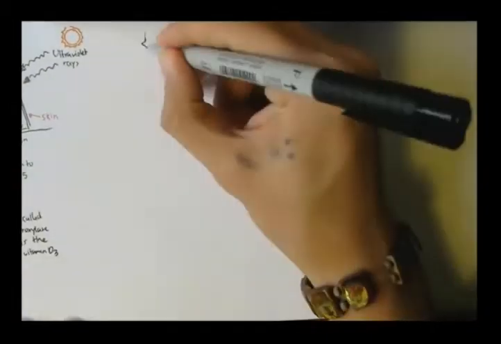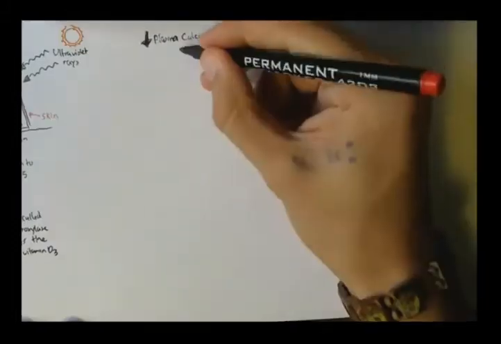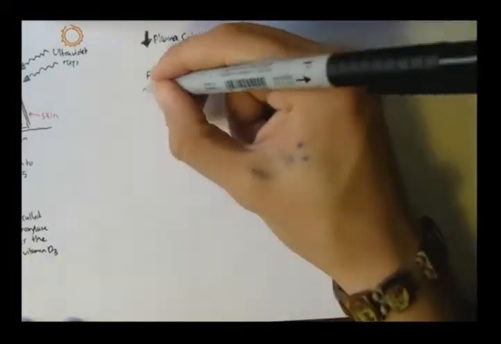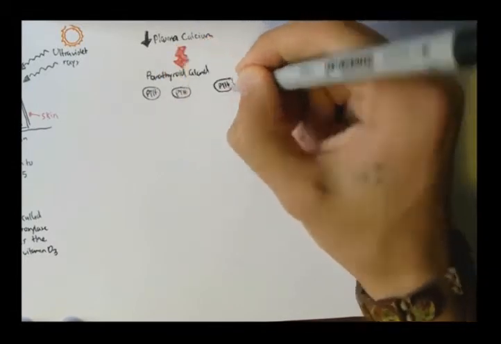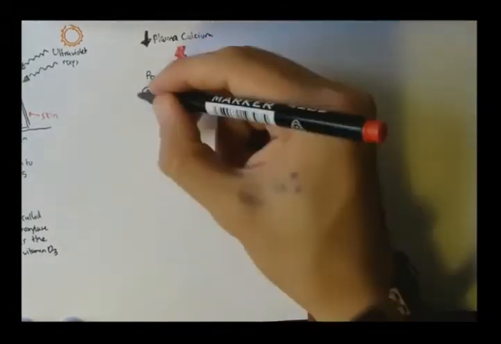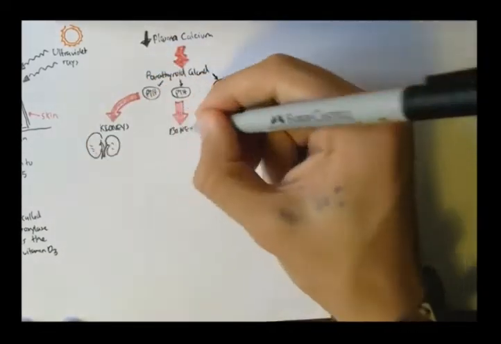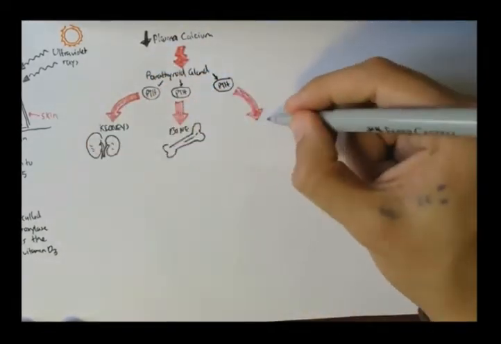So the body senses low plasma calcium and phosphate concentrations, which will then stimulate the parathyroid gland to secrete parathyroid hormone, which will then affect three essential areas: the kidneys, the bone, and the gastrointestinal tract.